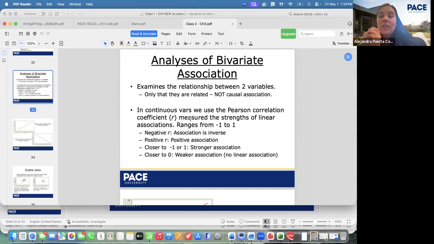But I would do it if I wanted to see if a variable is associated with both the exposure and the outcome. And what is that called? Anyone remembers? A confounder, right? Is that what you're going to say, Alex? No.